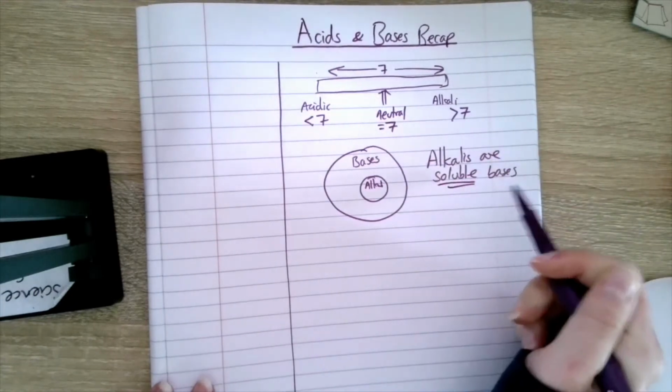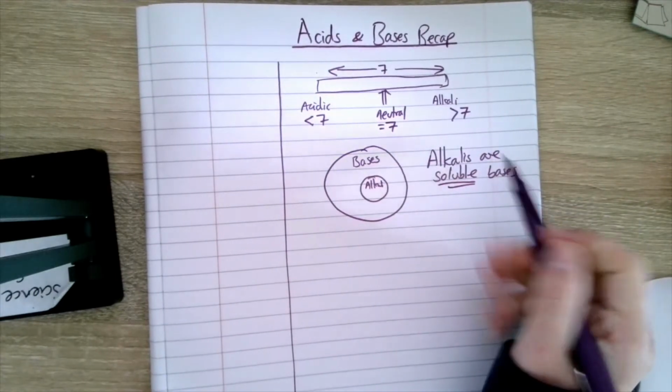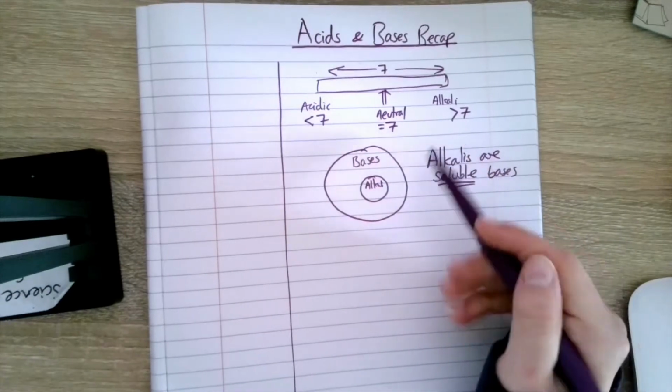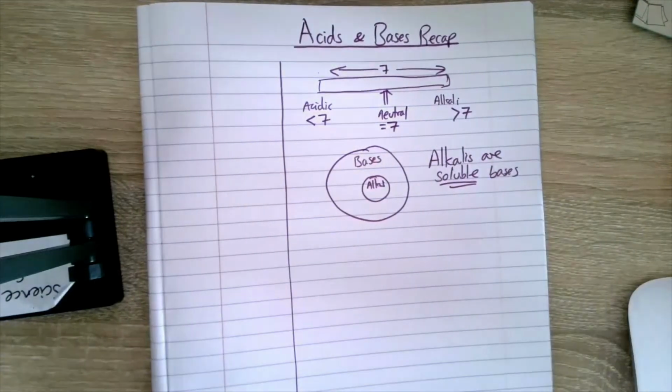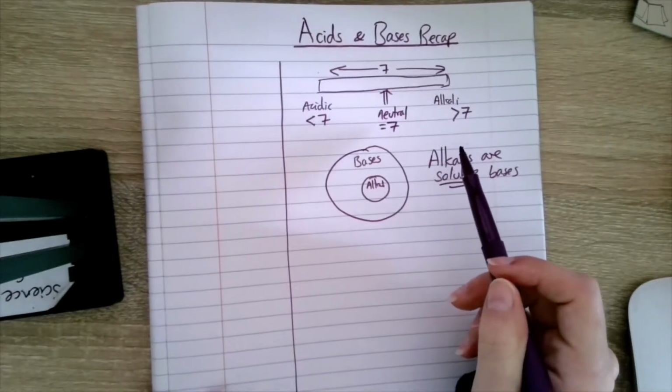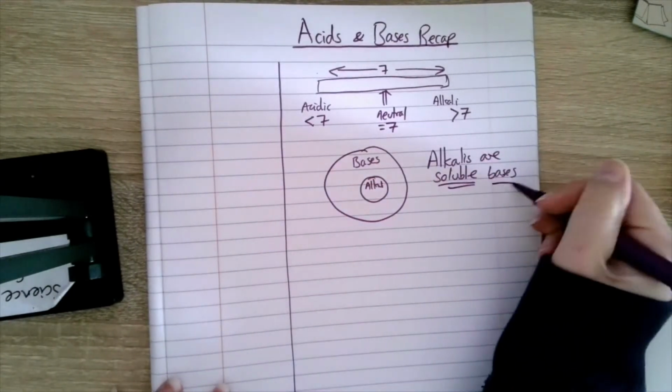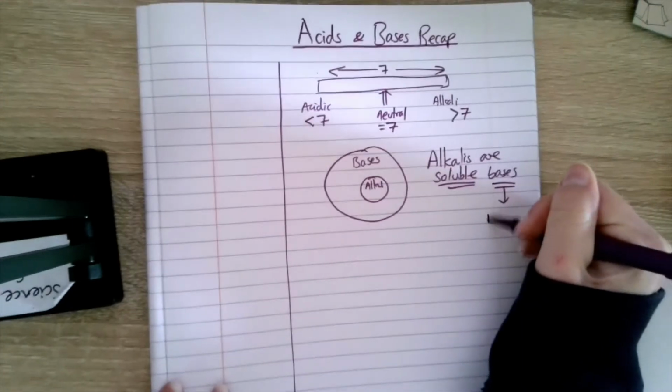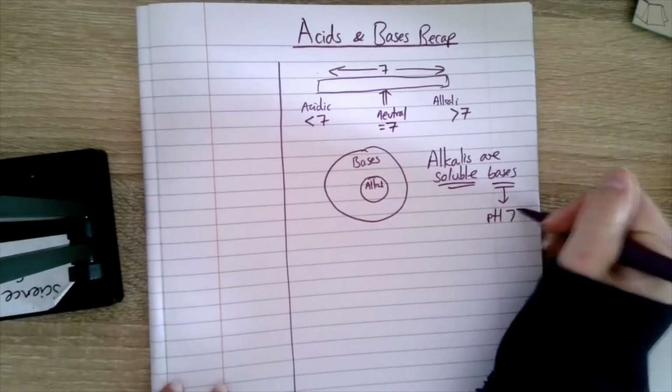So generally bases are insoluble. Alkalis are soluble bases. So of the bases, any which are soluble are then called alkalis. But bases therefore also have a pH that is greater than 7.